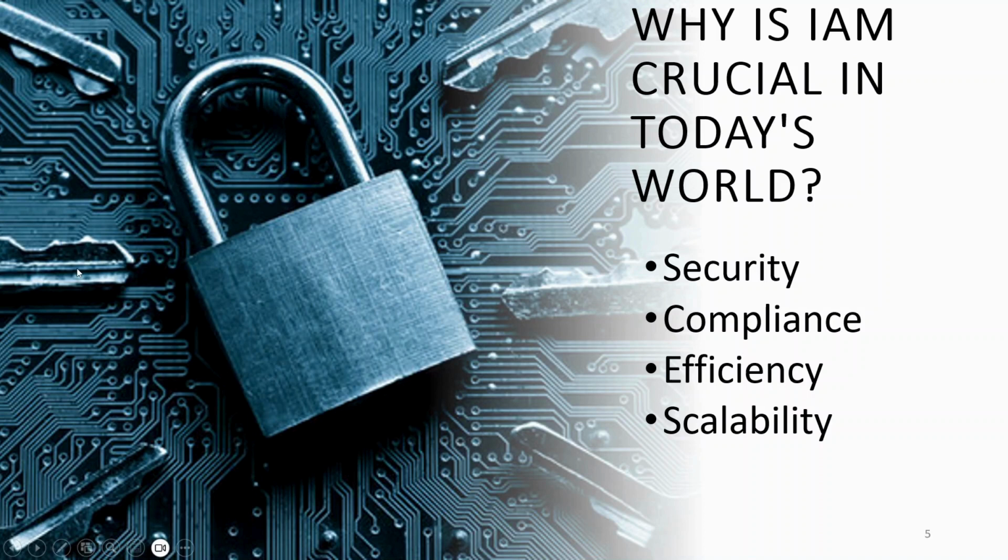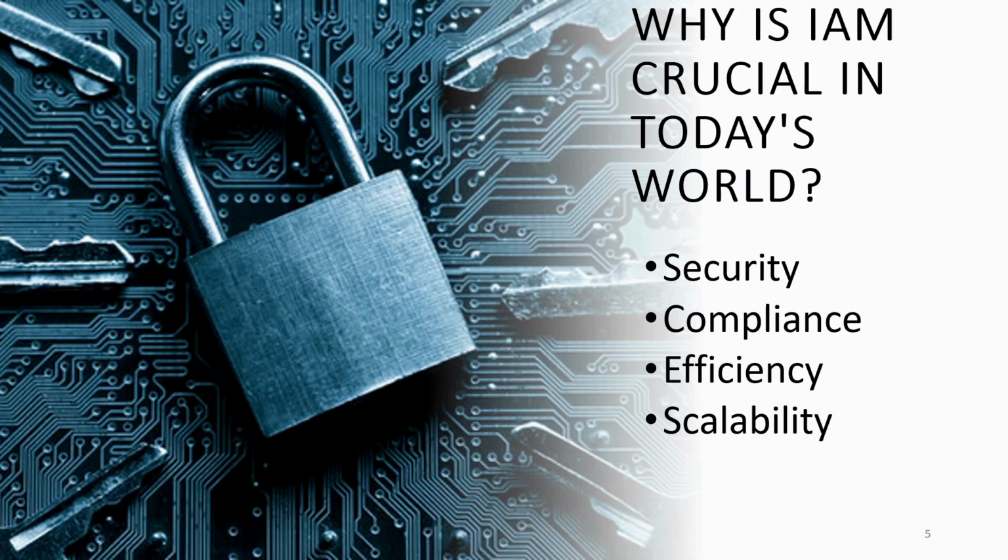Why is IAM crucial in today's world? Because of its security, compliance, efficiency, and scalability. Security means think of IAM as a vigilant gatekeeper of your AWS kingdom, regulating access and minimizing the chances of unauthorized actions. Compliance: IAM ensures that AWS practices align with industry regulations and standards.